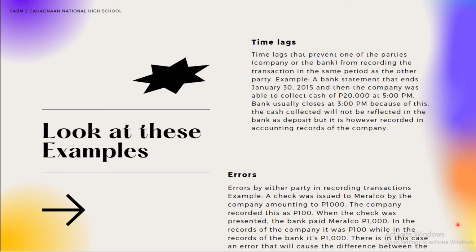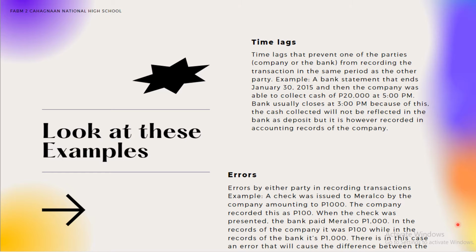So, there is, in this case, an error that will cause the difference between the bank record and the company's record. Okay? So, we are human. Nagkakamali tayo. So, ito na yung sinasabi natin na may malaking diferensya or may malaking halaga yung zero sa accounting.